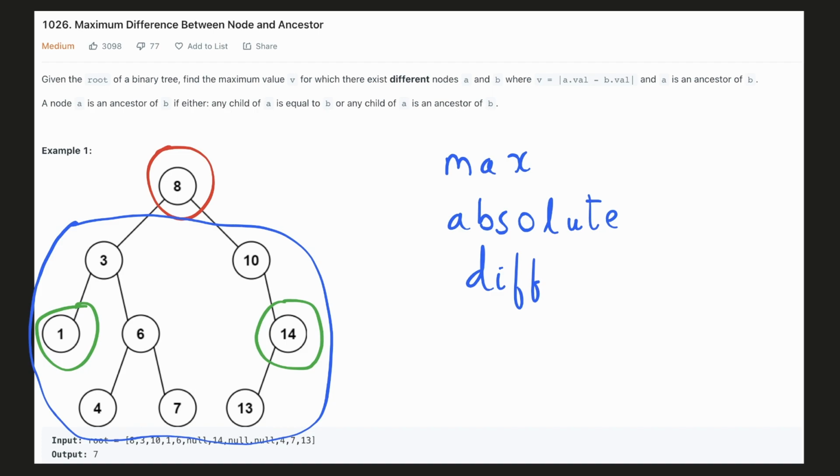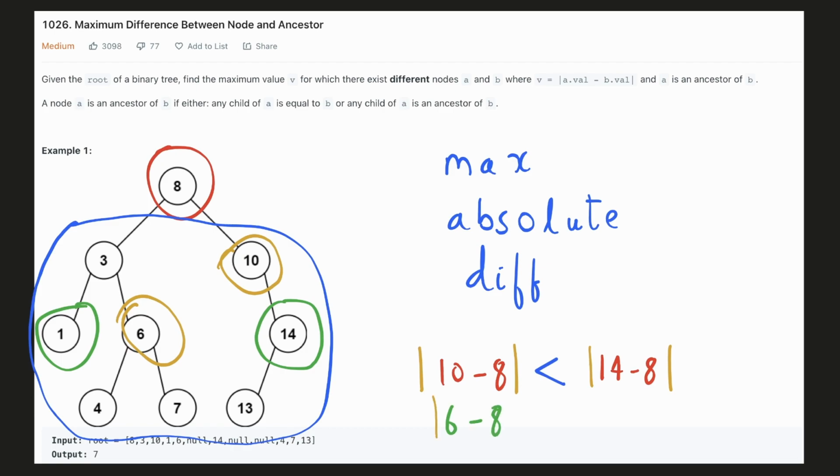If you consider any other node which is greater than our ancestor node, for example 10, its absolute difference with the ancestor node would always be lesser than the absolute difference of the maximum with the ancestor node. Similarly, if we take any other node which is lesser than our ancestor node, for example 6, its absolute difference with the ancestor node would always be lesser than the absolute difference of the minimum with the ancestor node.